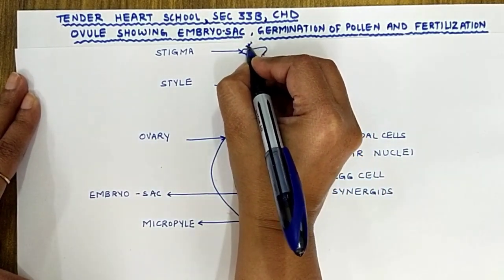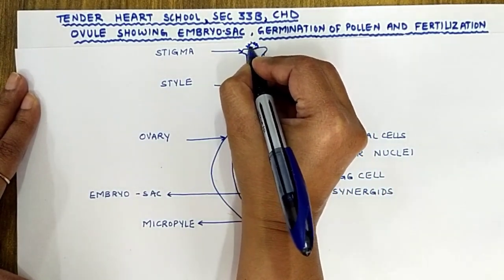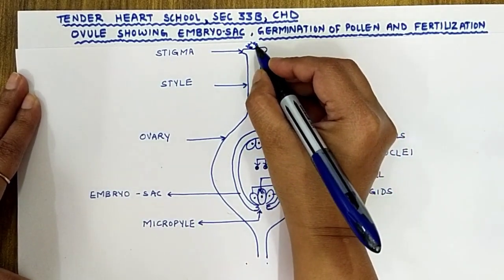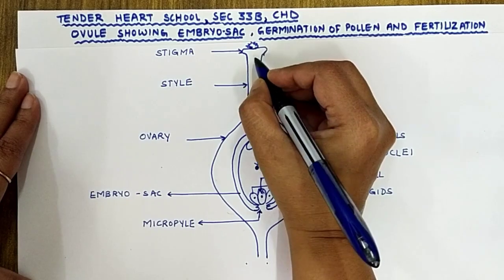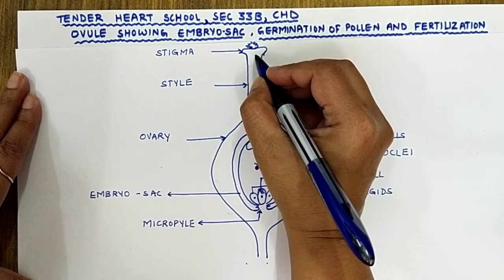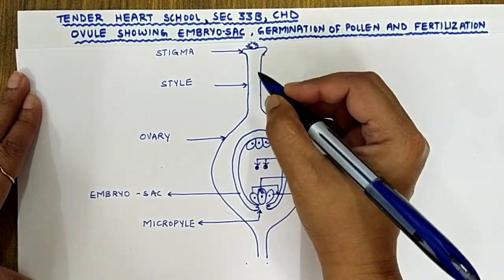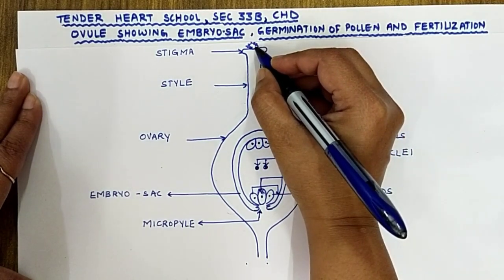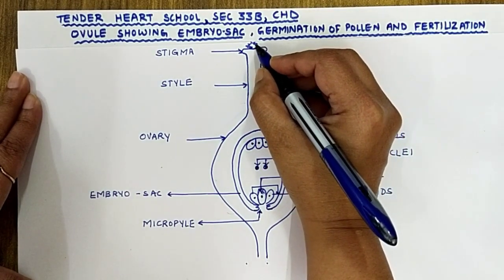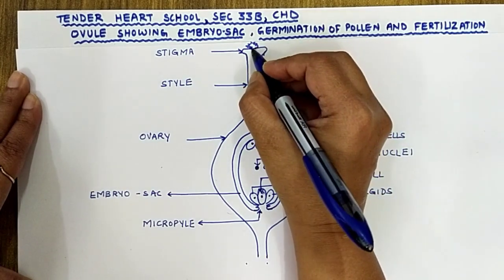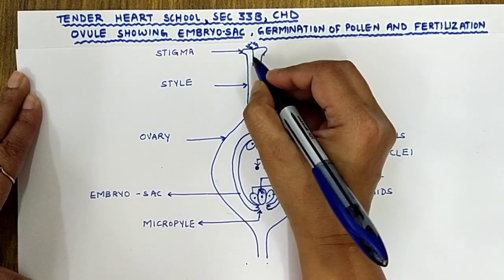Pollen grain falls over the stigma, and if it is the pollen grain of the same flower, meaning the same species, like the carpel of a rose plant and the pollen of the rose plant, then this pollen grain starts germinating. It starts forming a pollen tube.